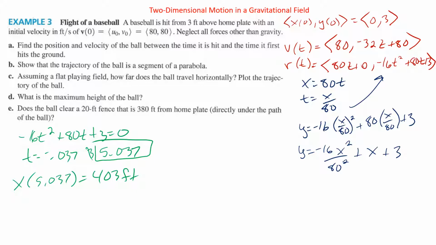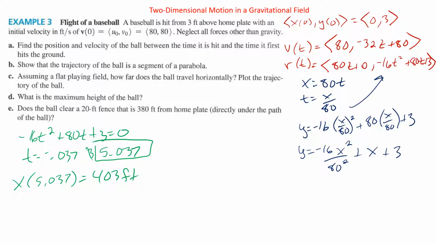For the next part, what is the maximum height of the ball? Well, the maximum height will be when its vertical velocity equals 0, because that's going to be when it changes from going positive to coming back down, going negative. So the vertical velocity, we can look at the negative 32t plus 80.